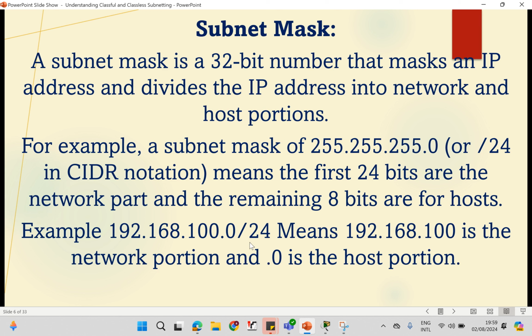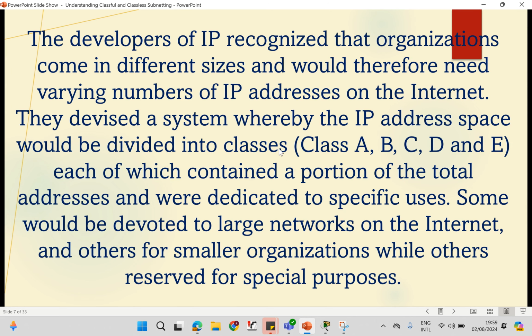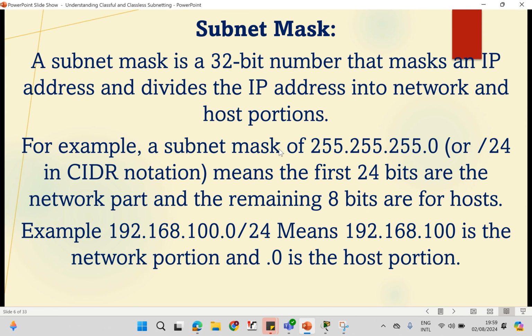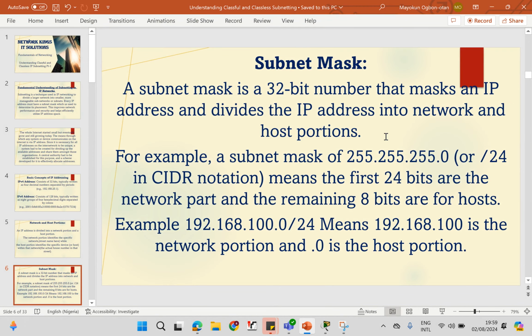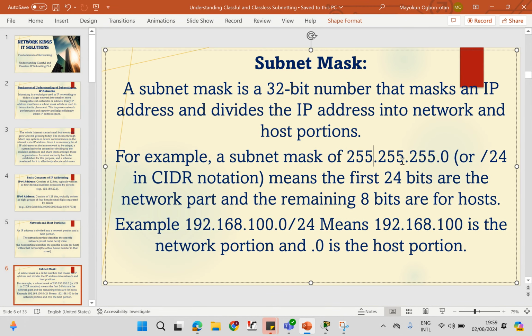Now look at this. For example, a subnet mask of 255.255.255.0. Anytime you see this kind of subnet mask, when you see three 255s, it is called /24. Please, you have to keep it in mind.